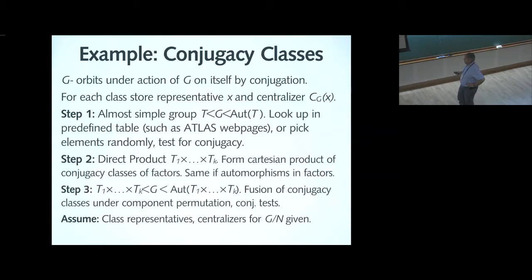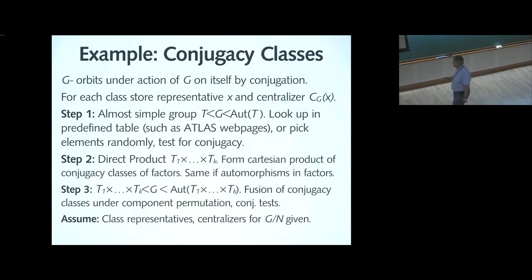Next, a more complicated thing: let's suppose I have a direct product of simple groups. Well, if I have classes for each of the factors, classes of the direct product are trivial to get. That's just the Cartesian product. So I can write these down. Finally, I have a group which lies between this socle and its automorphism group.